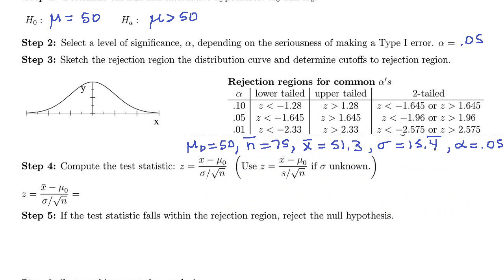So sketch our rejection region. So alpha here is 0.05. This is an upper tail test, so 0.05 upper tail, 1.645. So the rejection region is going to be on the right, marked off by 1.645.